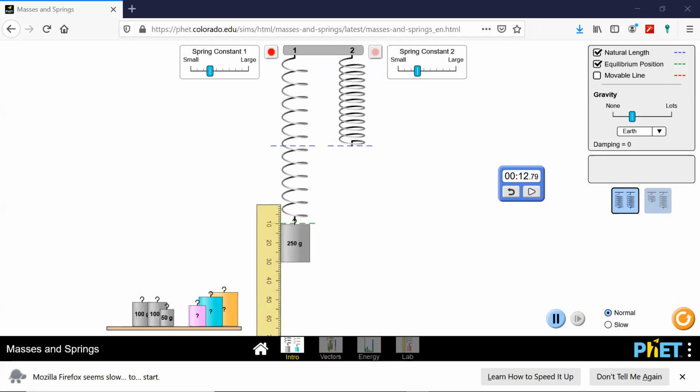So acceleration is 362. That's what I found as my acceleration. But then I have to multiply with the mass, which is 1/4. 250 grams is 1/4 of a kilogram, because I have to convert that to kilograms, SI units. So multiply that by 4.